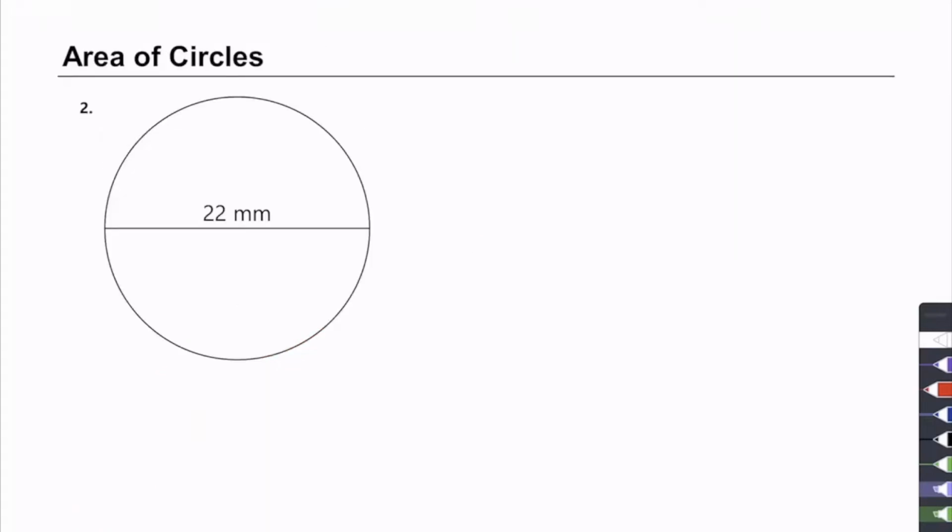Let's look at this question. And I'm going to say let pi equal 3 in this case. So that's what we're going to use for the value of pi. We know that the area is pi r squared. And r in this case is not given because we have a diameter.